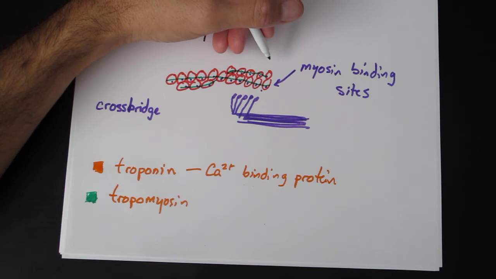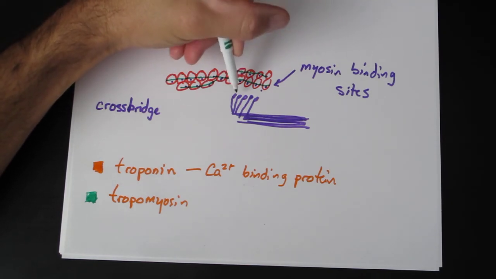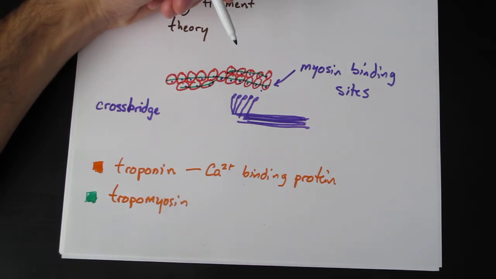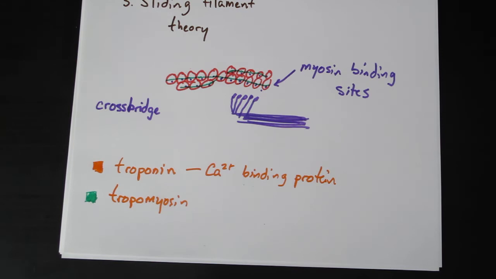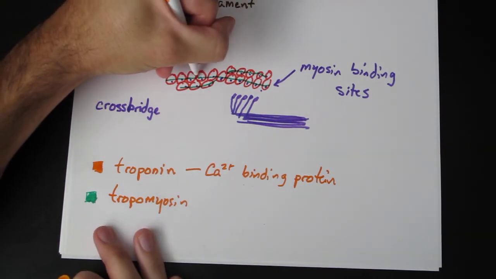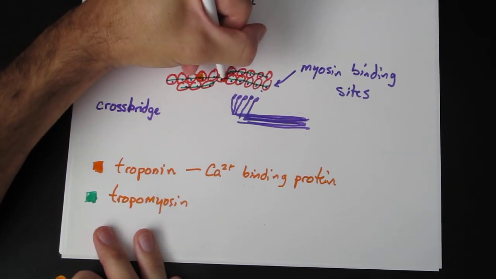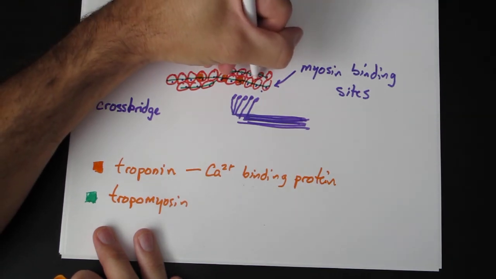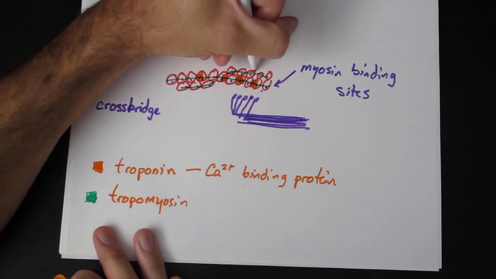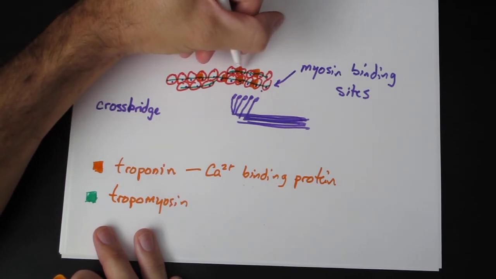So what tropomyosin does is it prevents those myosin heads from coming up here and forming a cross bridge. All right? And then we also have troponin that's bound to tropomyosin. So we have troponin that's sort of in here like this as well, and I know that isn't coming through as clearly as it could be.